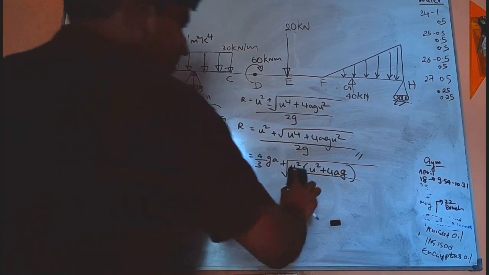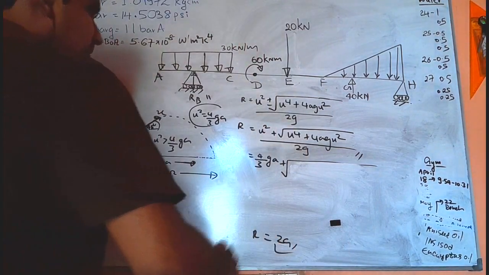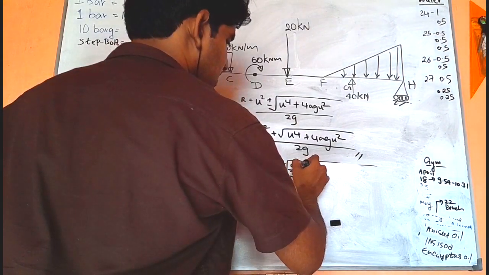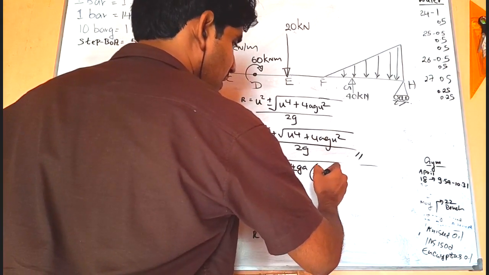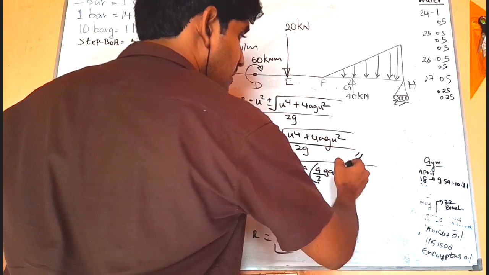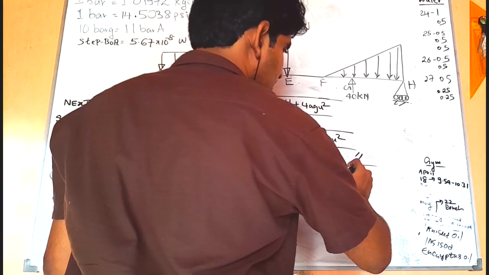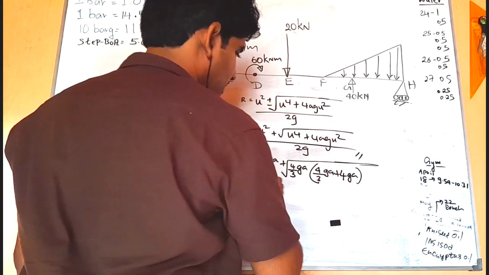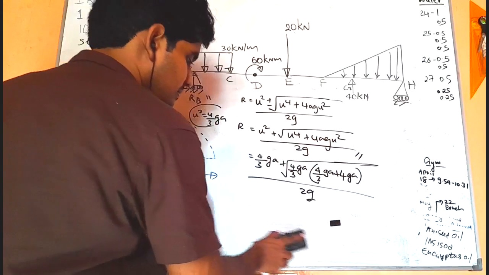You are getting at the denominator something like u squared times u squared plus 4ag. Now let's simplify. What is u squared? That is 4 by 3 ga times, u squared is 4 by 3 ga, plus 4ga, then divided by 2g. Let's simplify this one.